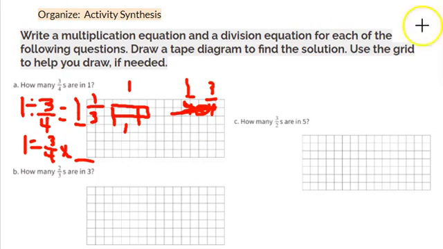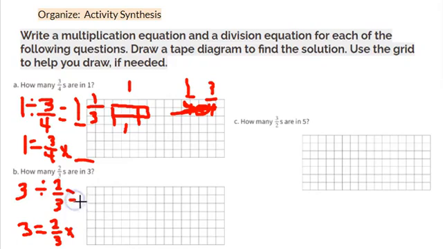Okay. What about here? How many 2/3 are in 3? What do those equations look like? Well, for the division, we've got 3 divided by 2/3. For the multiplication, we have 3 is equal to 2/3 times something, and in both cases, we don't know what the answer is right now, do we?